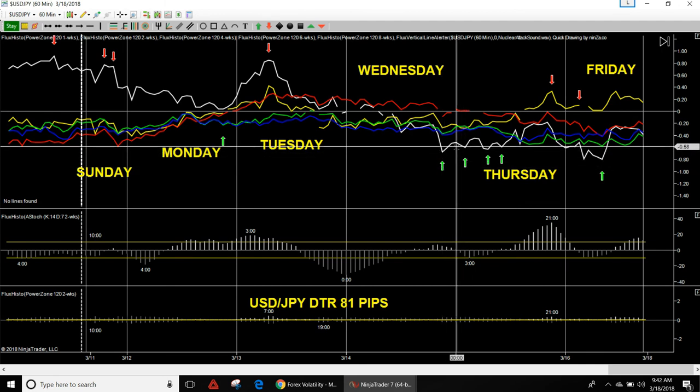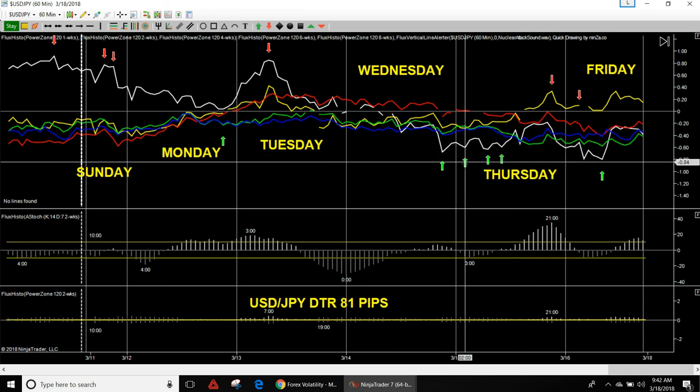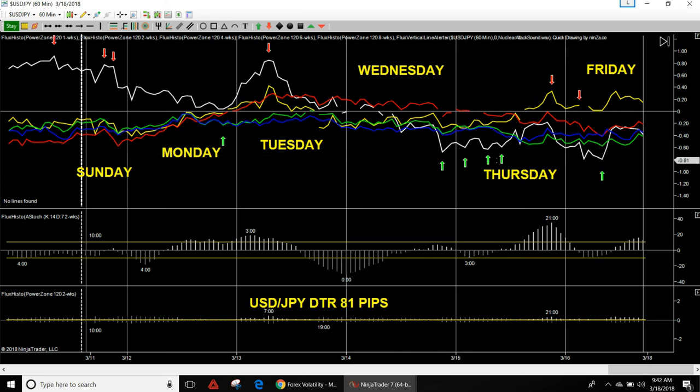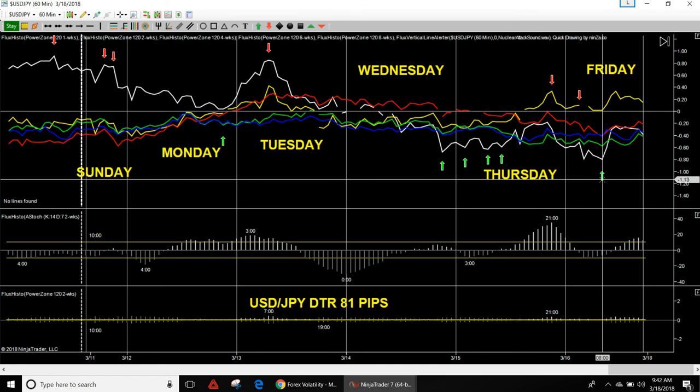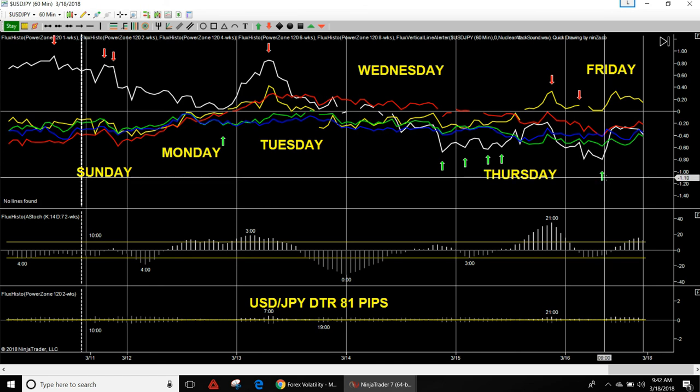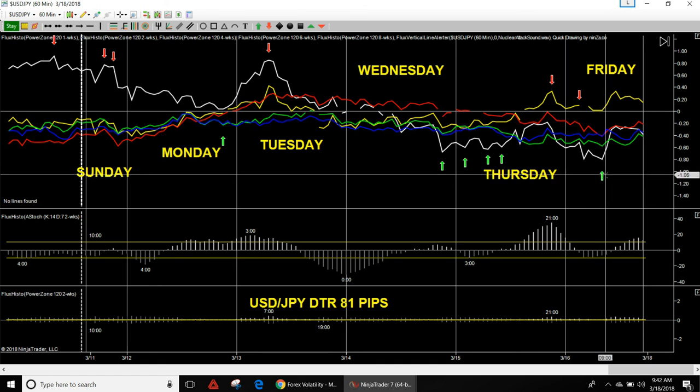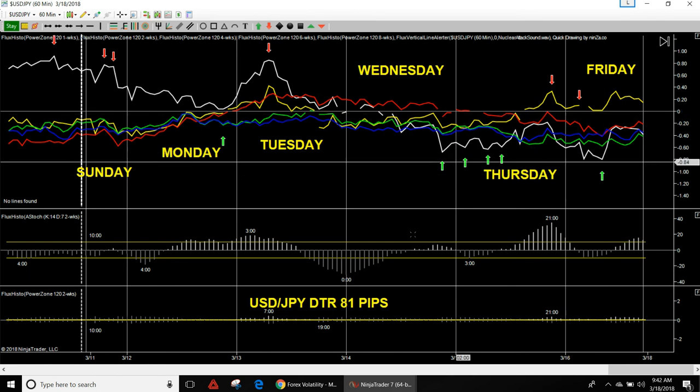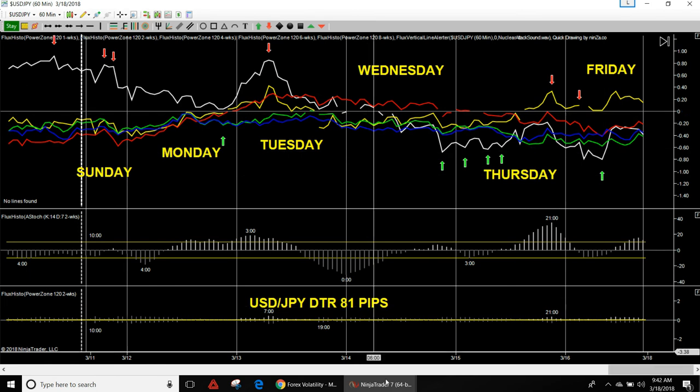Then we're going to pull back at 12 a.m. And it looks like up and down, but more buys than sells until we get up to here, 2100 on Thursday. Look for a down move into Friday on the US Dollar JPY. And then bottom out here at 8 a.m. in the morning. Look for an up move on the US Dollar JPY, 81 pip daily trading range.